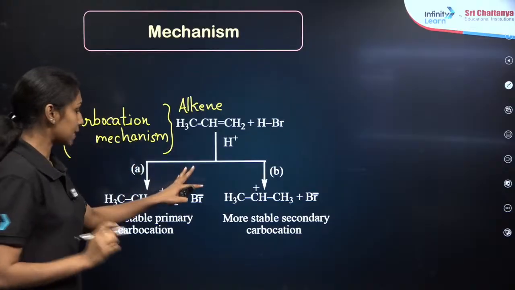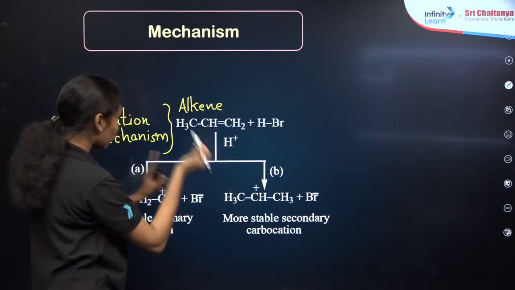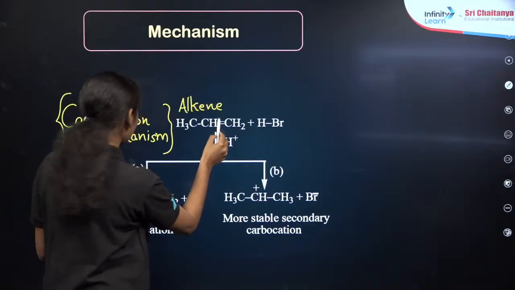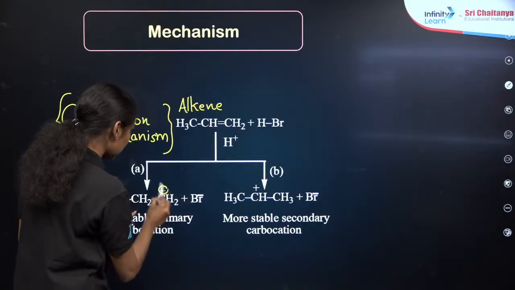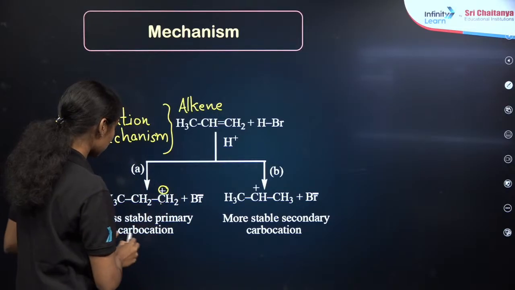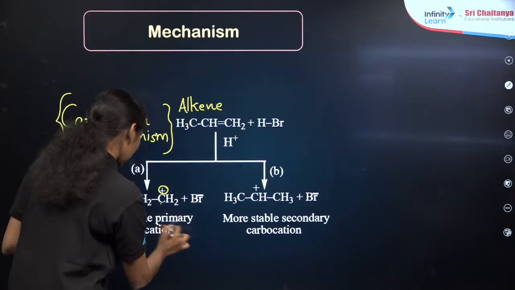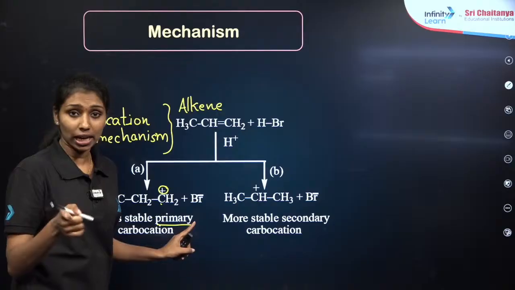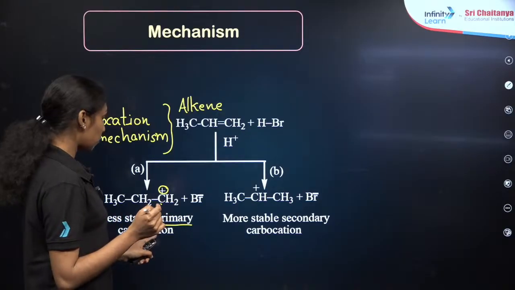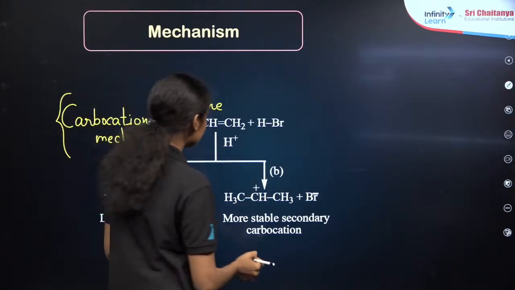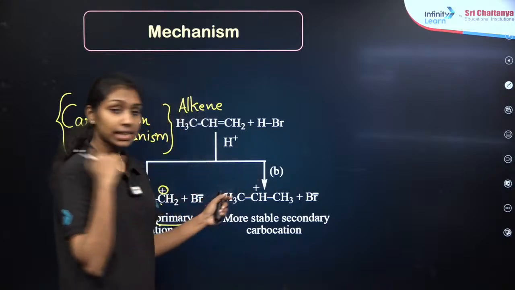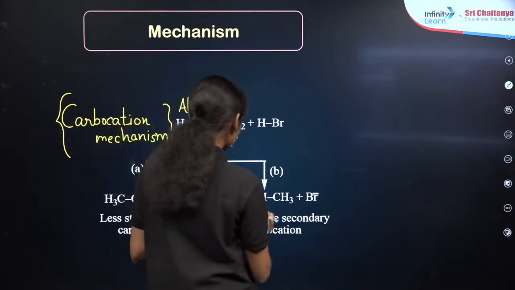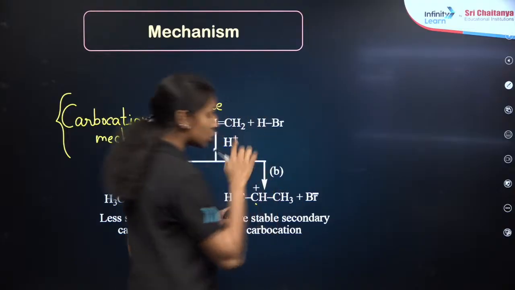While forming the carbocation, you will get two types. If the plus is on this carbon, this will be our primary carbocation, which means this particular carbon is attached to only one carbon atom. The second possibility is a secondary carbocation, where this carbon is connected to two other carbon atoms.